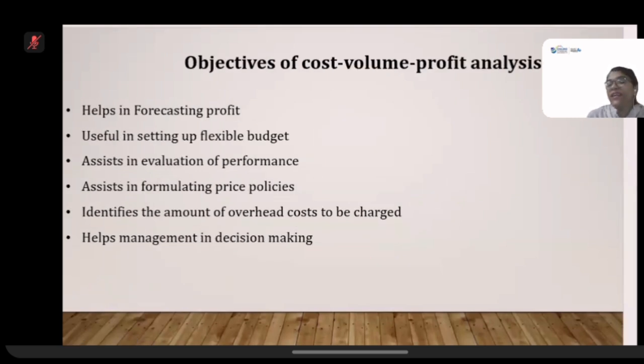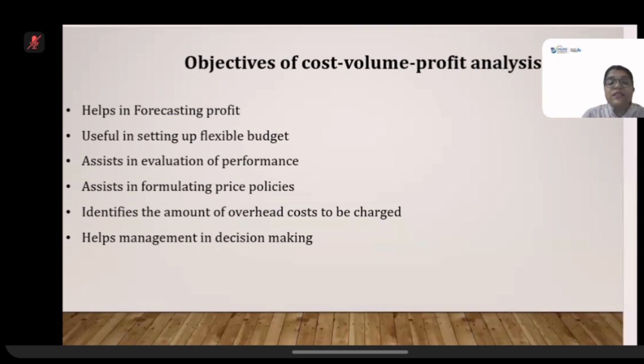Now, what is the objective, students, of this cost volume profit analysis? It will help you to forecast the profit fairly accurately, because it is very essential to know the relationship between the profit and cost on the one hand and the volume on the other hand, that is, how much profit you made on how many units, on how much cost.